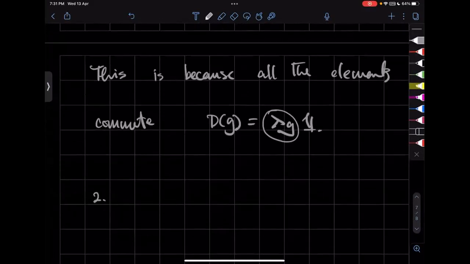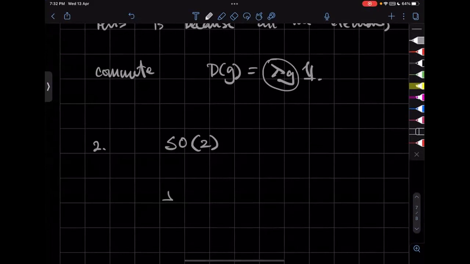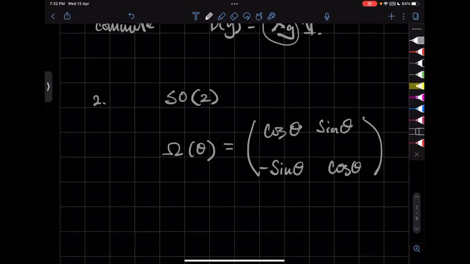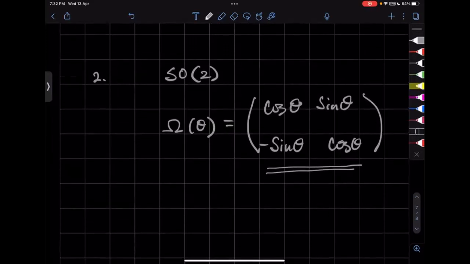And you might say, okay, how about SO(2)? SO(2) is obviously an abelian group, but we know that the irreducible representation of the matrices of SO(2) is not one-dimensional, it's two-dimensional. Okay. The caveat here is that these are not unitary representations.